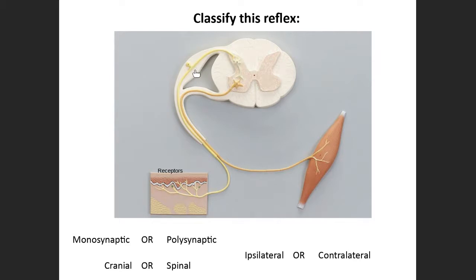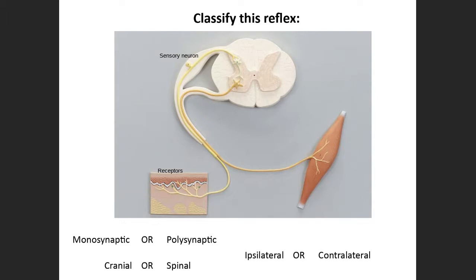This yellow neuron right here, how would I classify this one? What's my functional classification on this one? Yeah, this one is a sensory neuron. Hey, for kicks and giggles, I know lab is done, but in lab we also did the structural classification of this neuron.